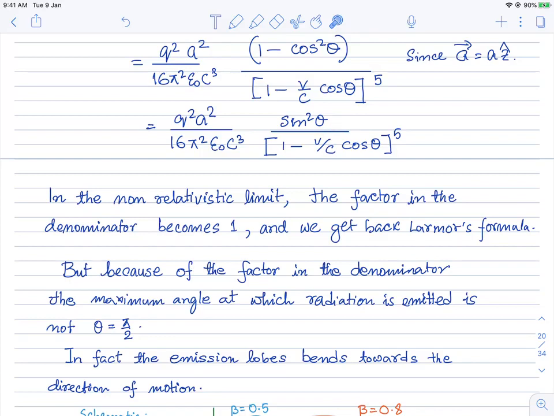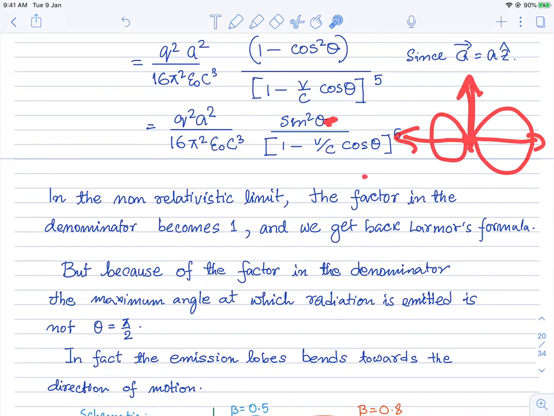That fact that we discussed, that let's say the charge is moving and it basically radiates in the orthogonal direction, that fact is no longer true, because if the charge is moving in this direction, the maxima of this function is not at theta equal to pi by 2. In some sense, theta equal to 0 direction, there will still be 0. But theta equal to pi by 2 direction is not the maxima of this function.